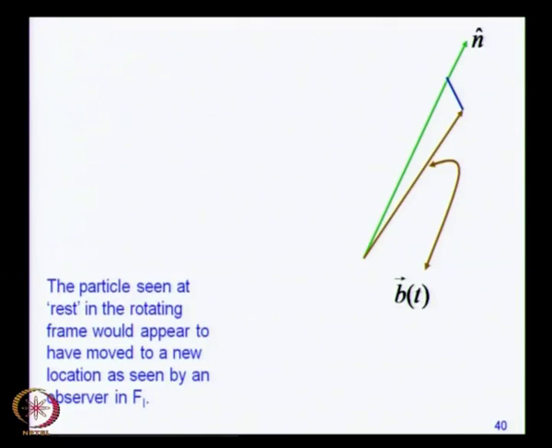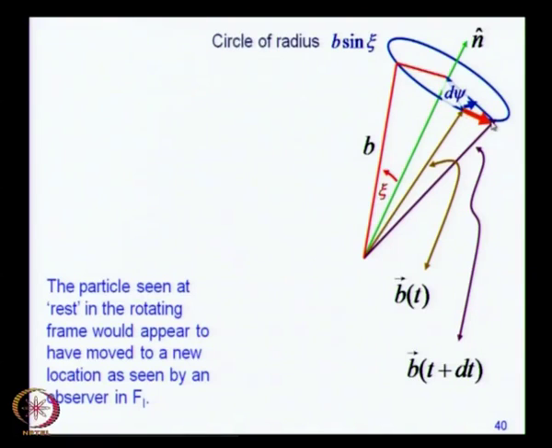Let us say that we do not talk anymore about just the position vector, but any vector, let it be B. It can be the position vector, but this is some arbitrary vector B. This is the axis about which the rotation is being considered, and this point will be taken to a new point here in the rotating frame.